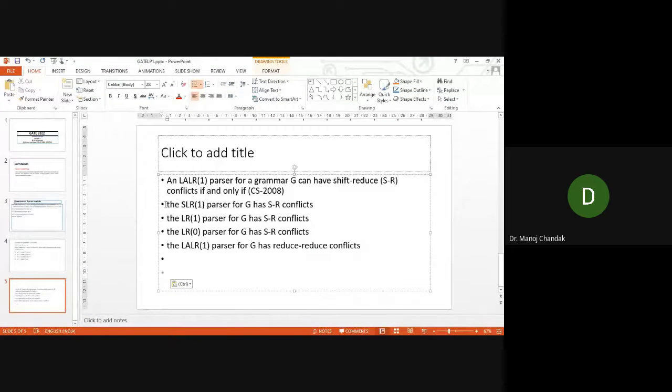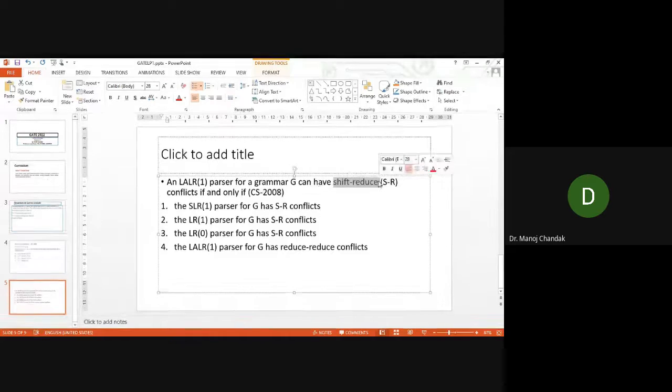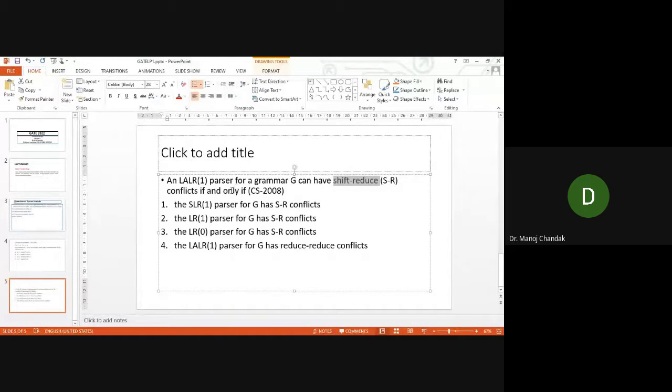If there is an LALR parser, and that parser is having a conflict called a shift reduce conflict, then an LALR parser for the grammar G can have an SR conflict if and only if. Okay.